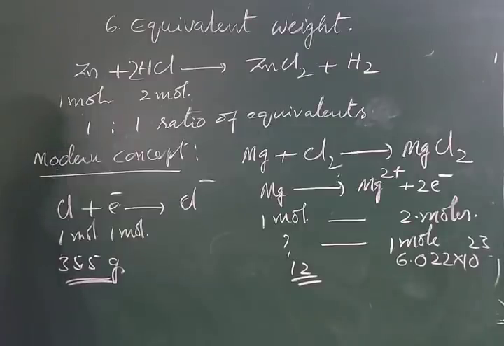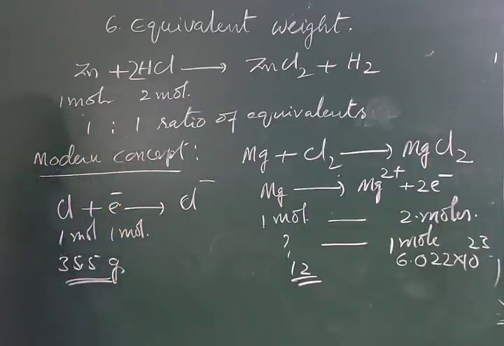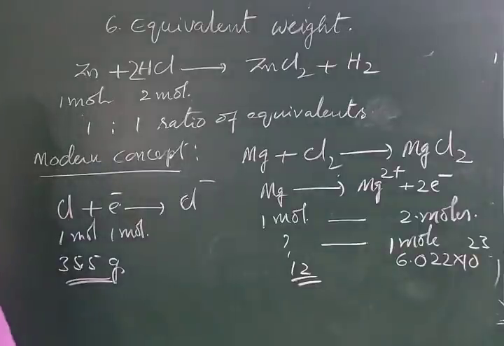The gram equivalent weight of substance is also known as gram equivalent substance. The amount of substance that gains or loses Avogadro's number of electrons, that is 1 mole of electrons, is said to be 1 equivalent weight of substance.